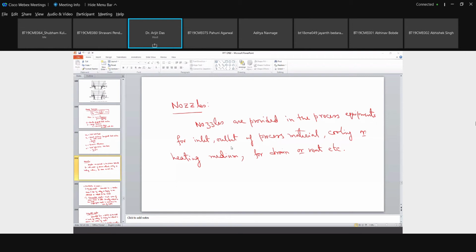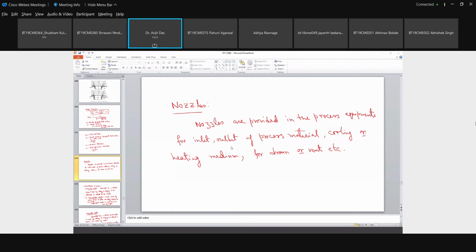So now nozzles. Nozzles are also a must part of your vessel or pressure vessel. You write down whatever is written in this slide or in the coming slides.